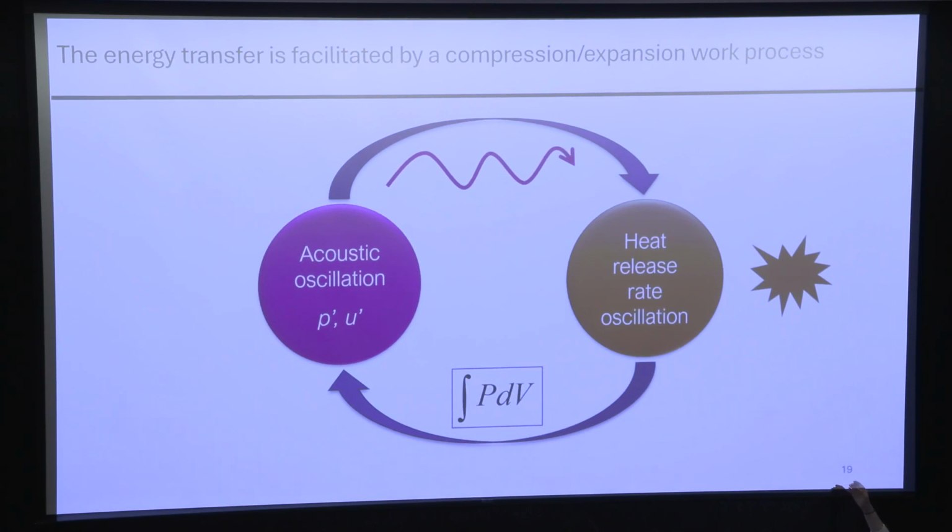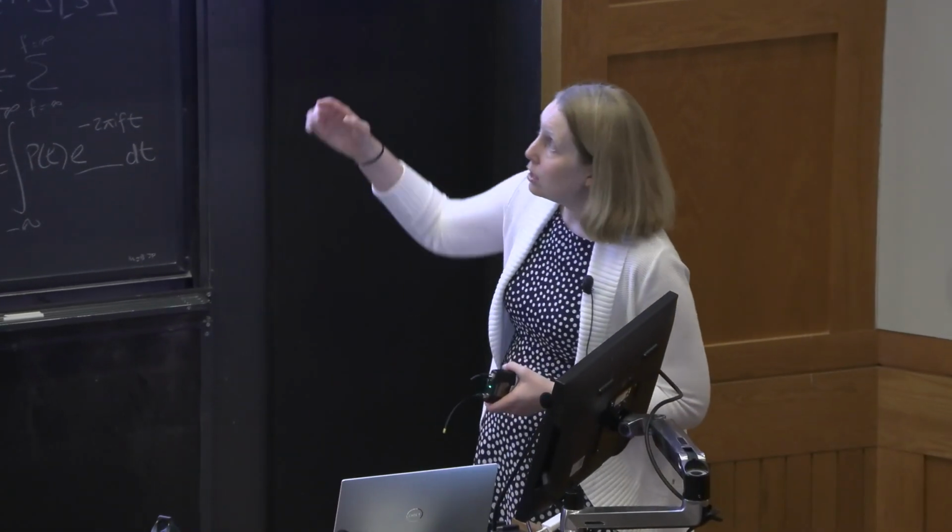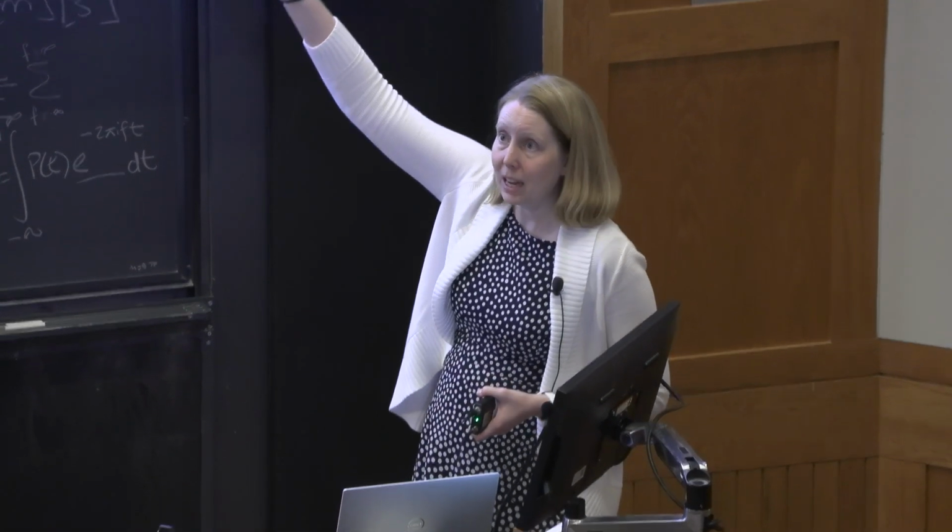Questions on this? Yeah? Does this loop also apply in the low Mach region? Yes, this typically happens at low Mach numbers, and so the mean flow for the flame does not have to be high at all for this to be the case. The speed of sound is still the speed of sound, right?